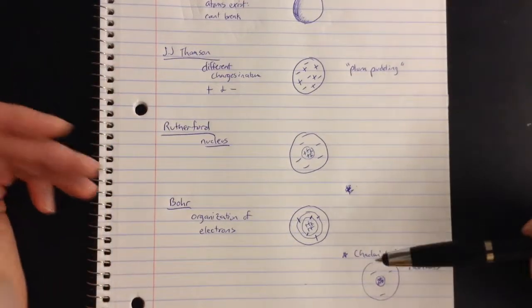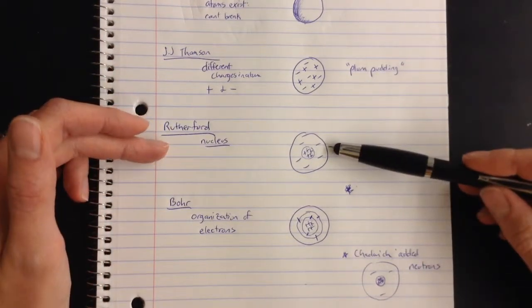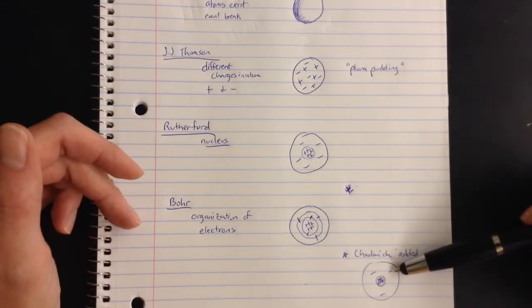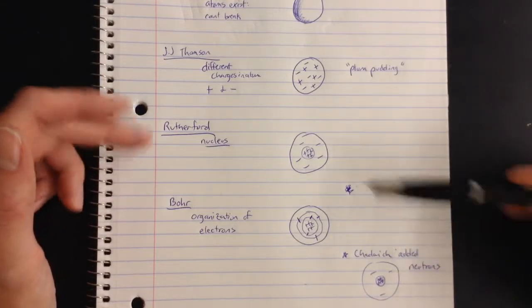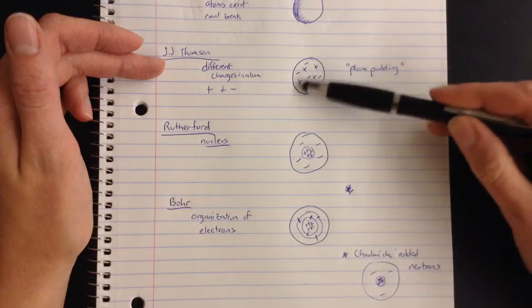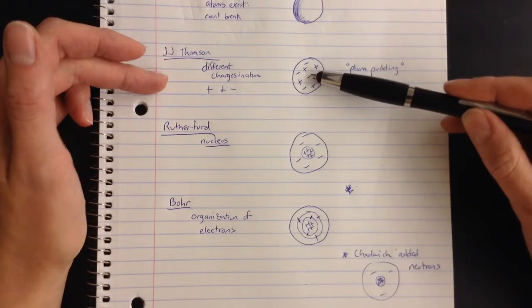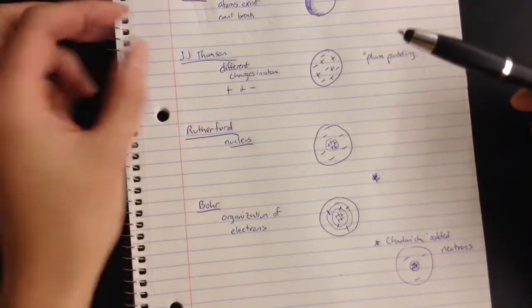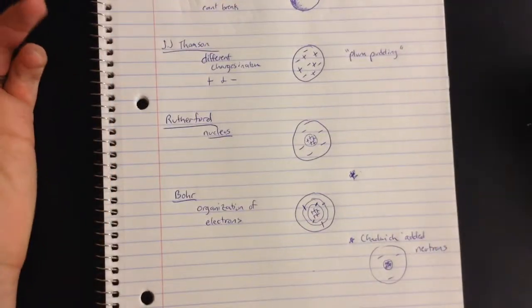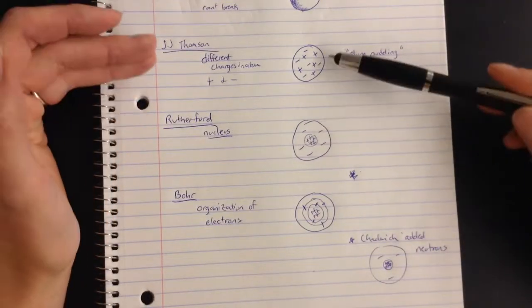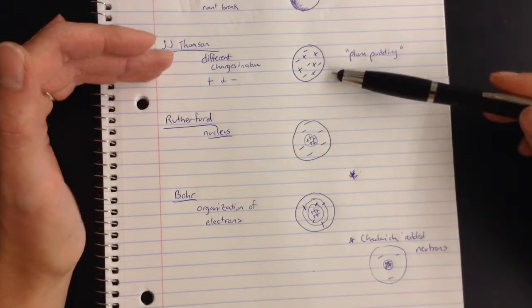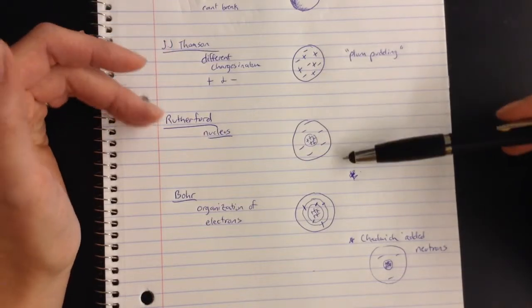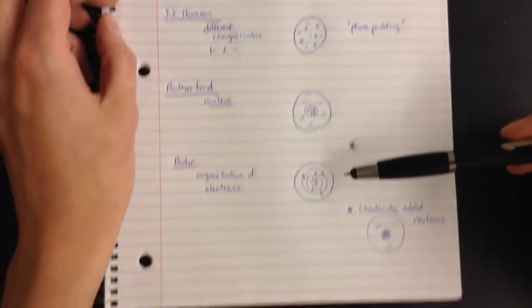Now, you might be wondering, we were able to see the inside of the atom here, so why couldn't he find the neutrons there? Well, J.J. Thomson was able to see all this stuff because the positives and the negatives interact with different things. They repel and attract and whatnot, but neutrons are just there. They weren't able to detect those this way because here they were just looking at the charges. They were able to see things because of the charges.